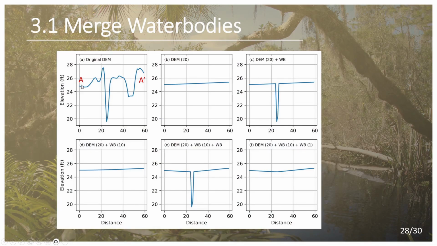Okay, this first figure is the DEM of the AA profile, and we can see the canal here, and the unit of elevation is feet. If we smooth the whole area 20 times, we can't find our canal anymore in the smoothed DEM, like the second sub-figure. And if we use this smoothed DEM as the groundwater table, we will ignore the effect of this canal.